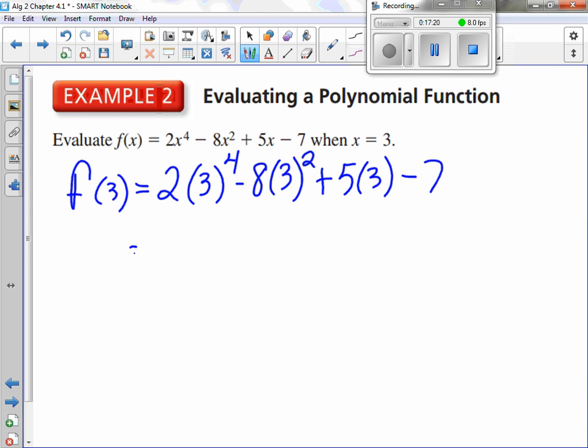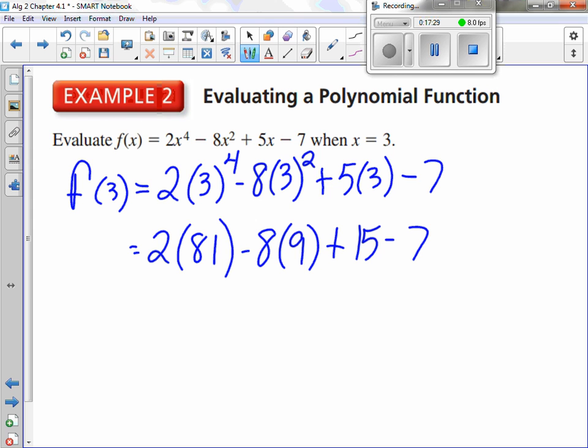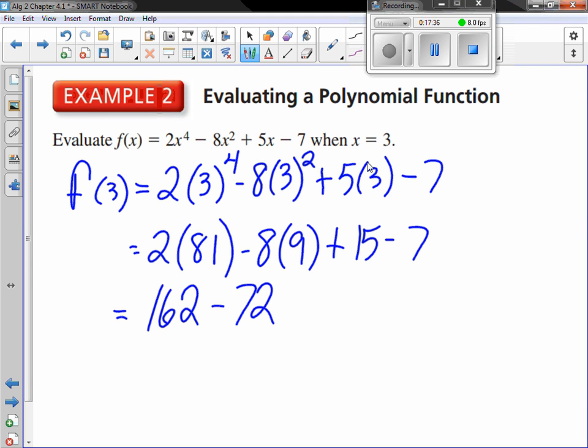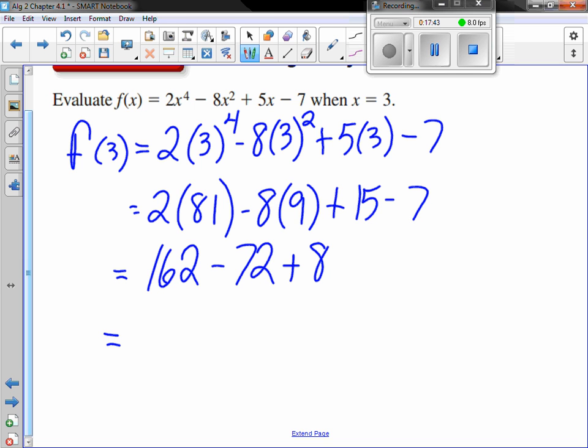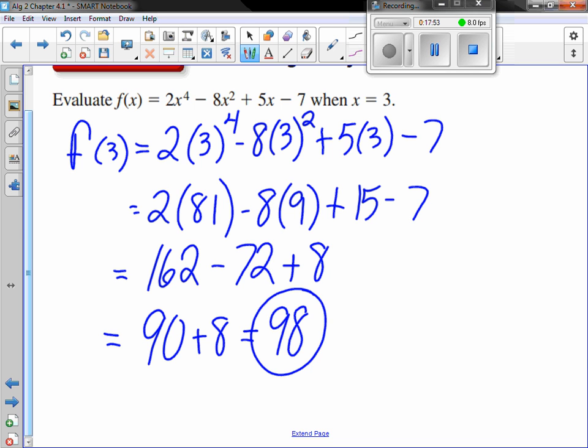Or if we did this by hand, 3 to the fourth is going to be 81. 3 squared is 9. 3 times 5 is 15. 2 times 81 is 162. 8 times 9 is 72. 15 minus 7 is 8. And I believe this should be 98.